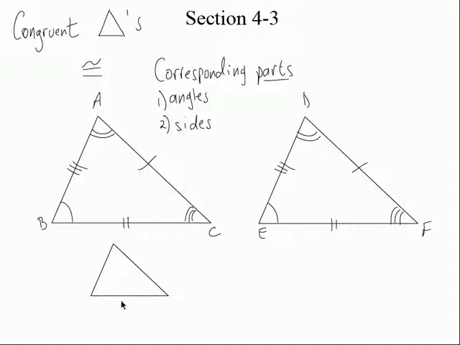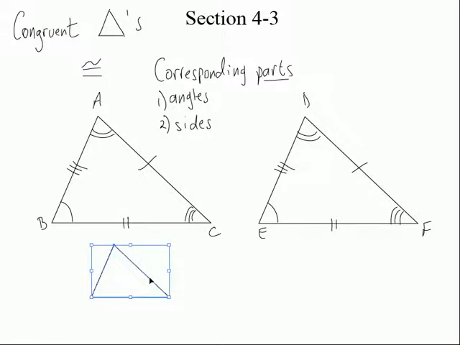Okay. So is this triangle congruent to this triangle? No. Well, all the angles are the same, right? Yes. But when we talk about congruent triangles, they have to have the same shape and the same size, right? Well, this is the same shape, isn't it? It's exactly the same shape. But is the size the same? No, it's not. So the size definitely is not the same.